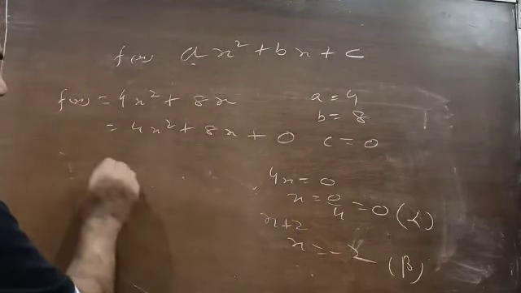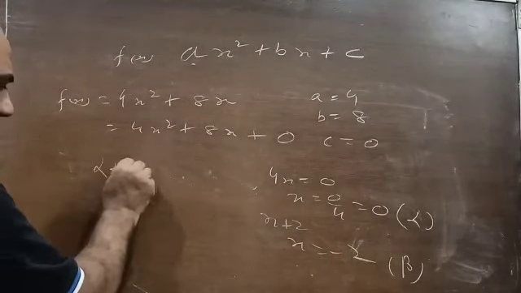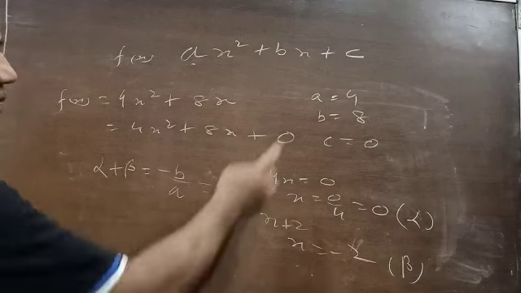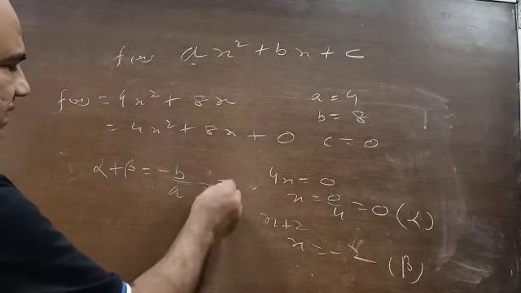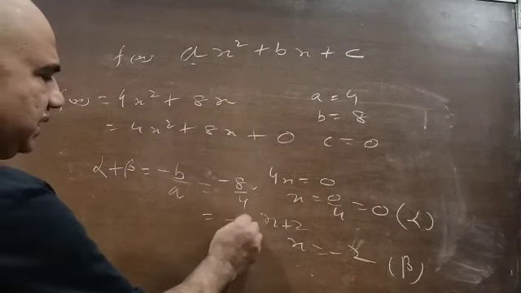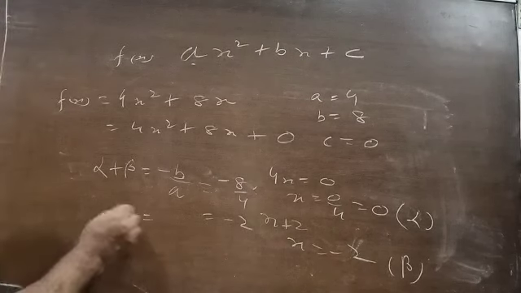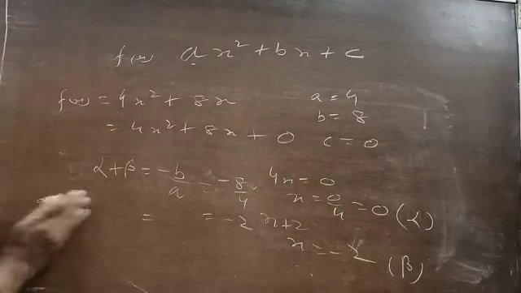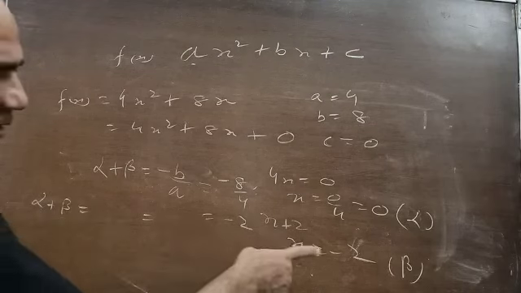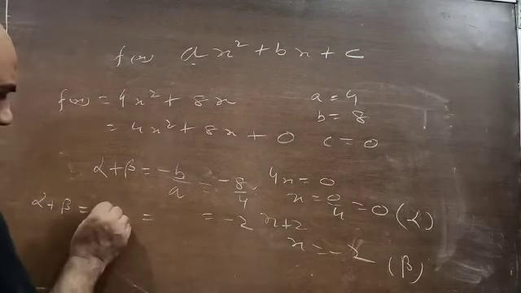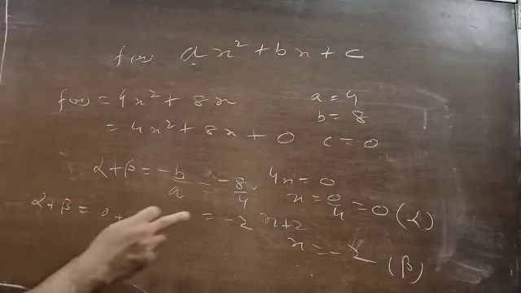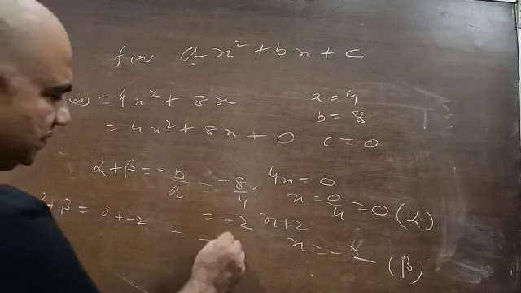Now if I take the sum alpha plus beta, it is supposed to be minus b upon a, that is minus 8 upon 4, which is minus 2. Otherwise also, alpha plus beta is 0 plus minus 2, because alpha is 0 and beta is minus 2, so this is minus 2.